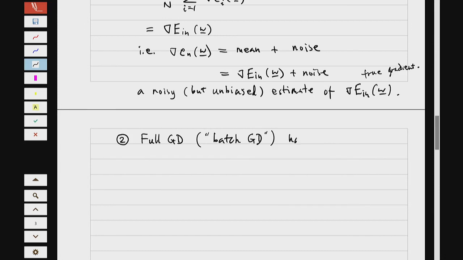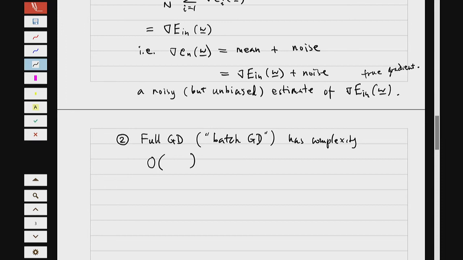So what is the complexity of this method per iteration? What is the big O? You have n data points, and every time you have to take d partial derivatives, if the length of w is d plus 1.